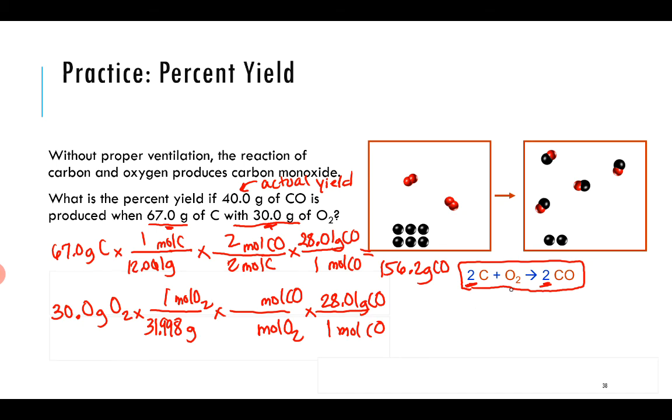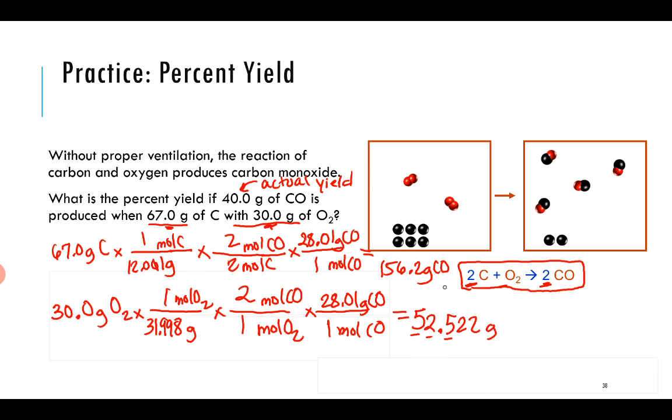And my coefficients are a 1 and a 2. Now we can type that into our calculator, and we get 30 divided by 31.998 times 2 times 28.01. That is 52.522 grams.